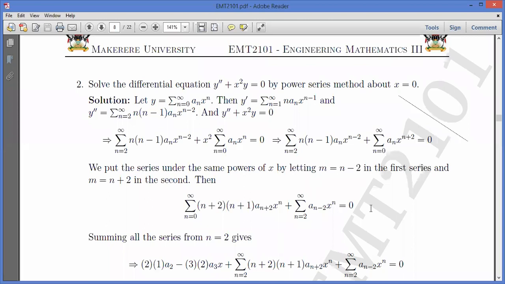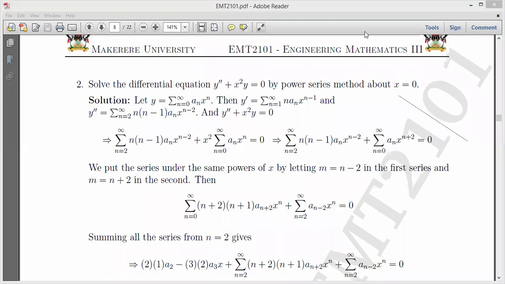Okay, example 2. This example 2 is similar to what we have done. Someone, Rumba Collins, is asking whether it is possible to convert the index of n directly without showing. That is what I was trying to show you the other time, and people were making noise that m is n, n is m. Yes, you can, so long as you are steady and you don't make mistakes.